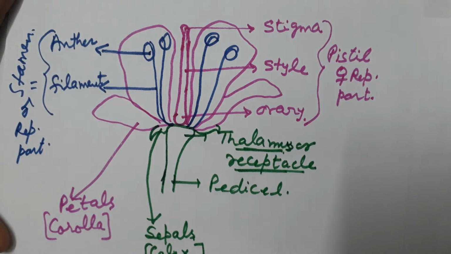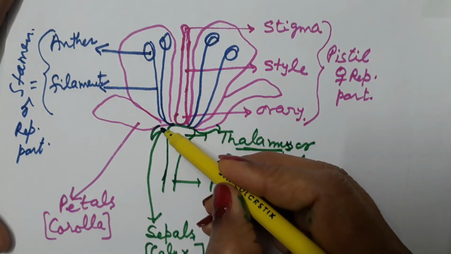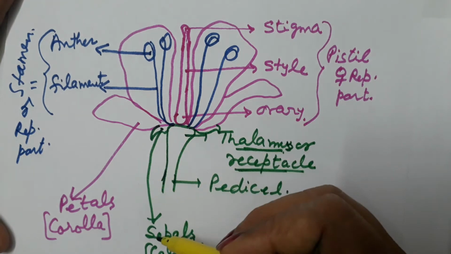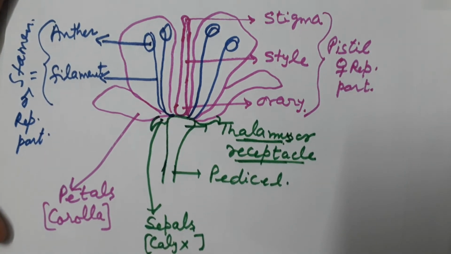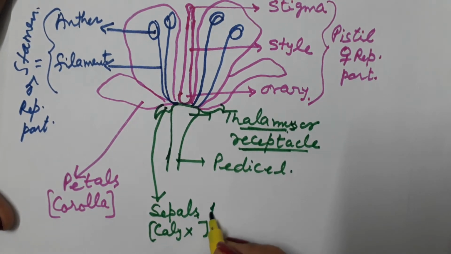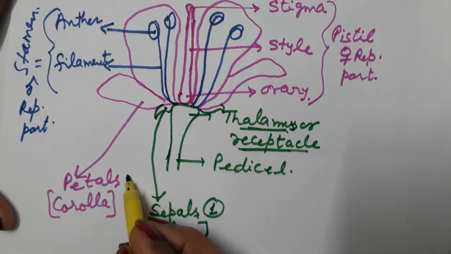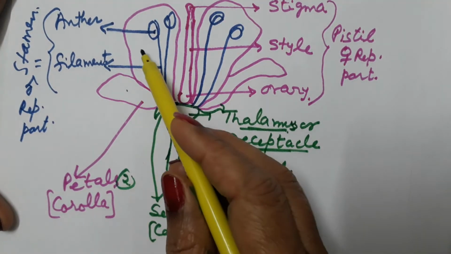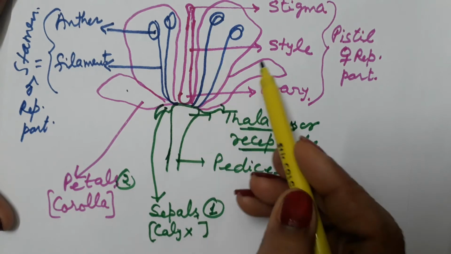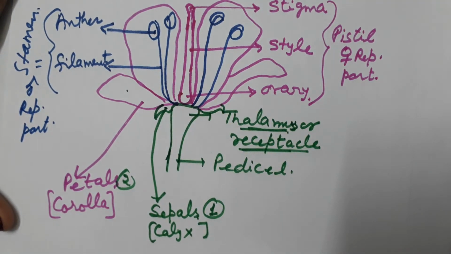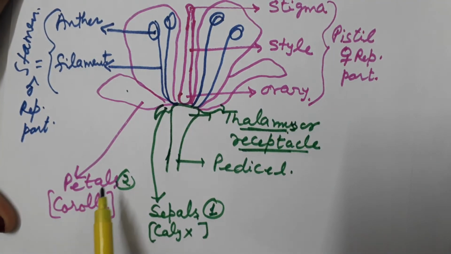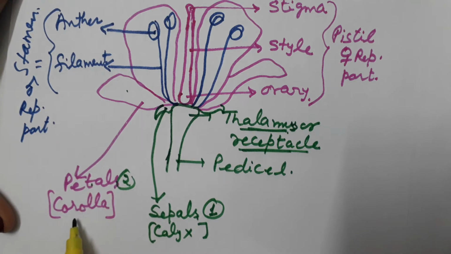So there are 4 parts in a flower. If we are going from outside to inner side, on the outer surface sepals are present which constitutes the calyx. Second part is petals, colorful petals present in flowers. They are known as the petals and they together constitutes the corolla.